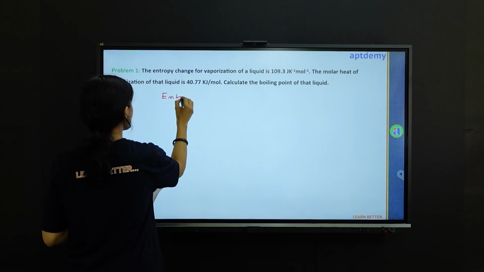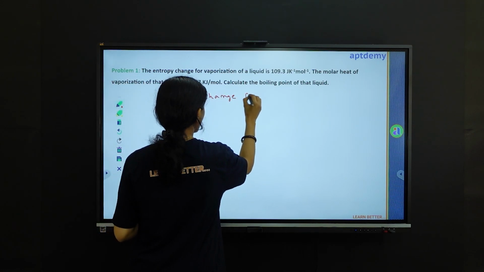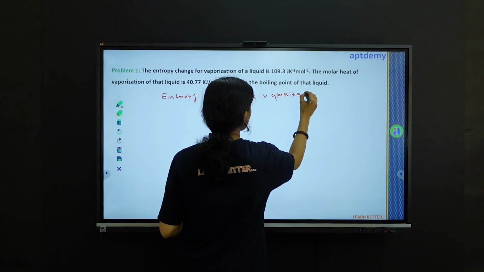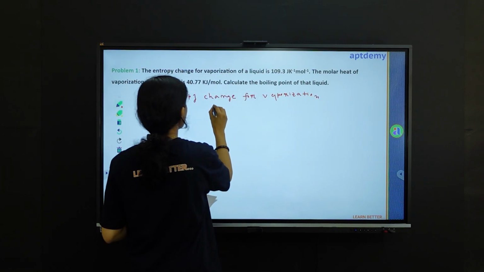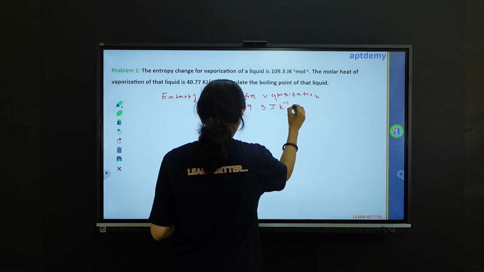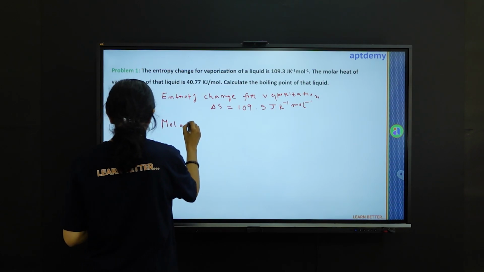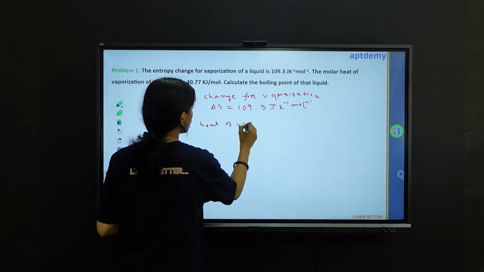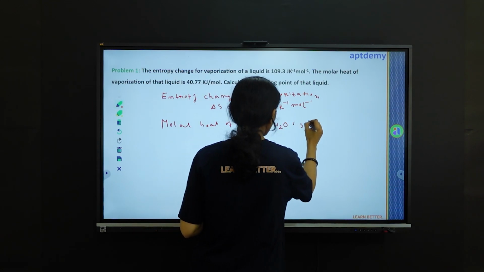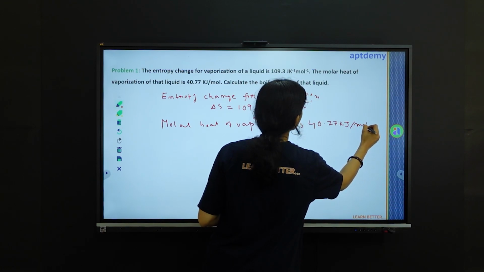It is given that the entropy change for vaporization, that is delta S, is equal to 109.3 joule per Kelvin per mole, and the molar heat of vaporization of water is 40.77 kilojoule per mole.